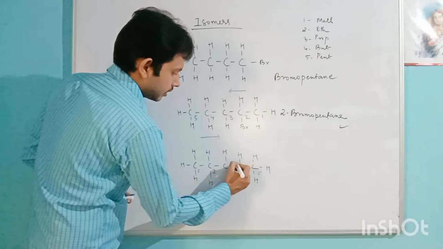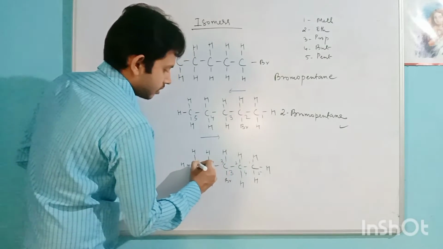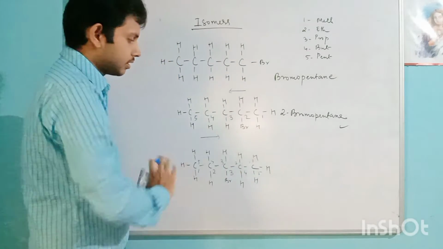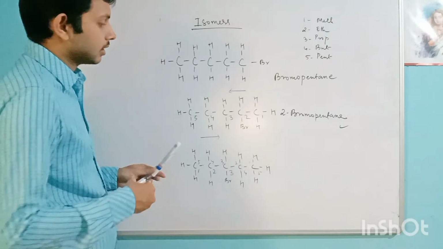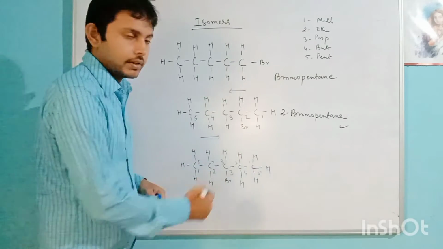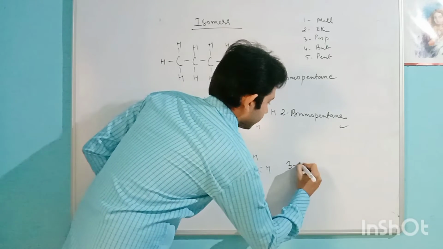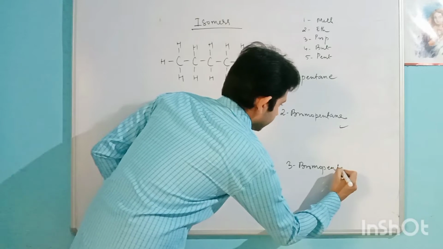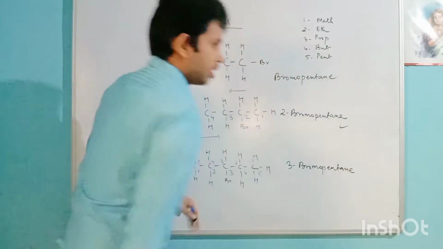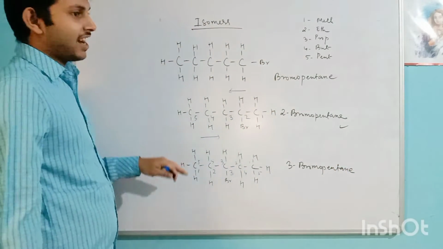The side doesn't matter from which side you write the numbers. So here you will write 3-bromopentane. These three compounds are isomers.